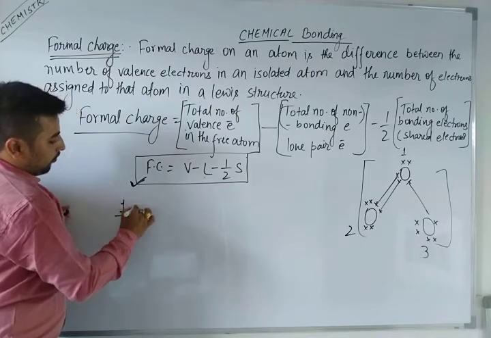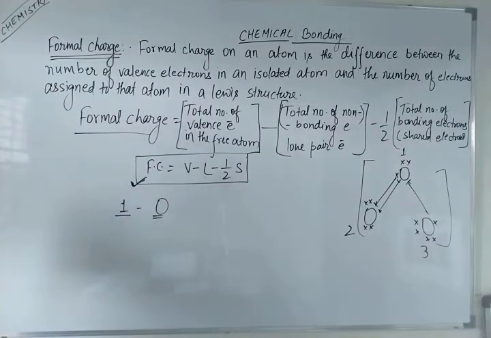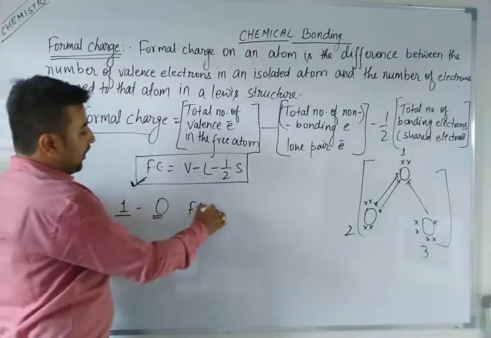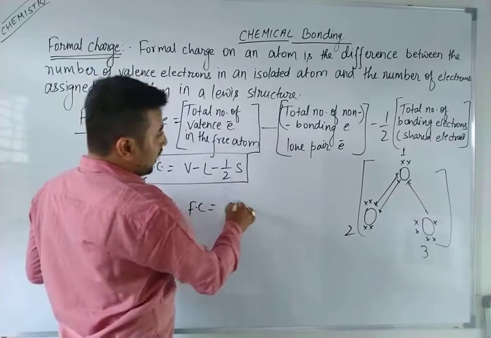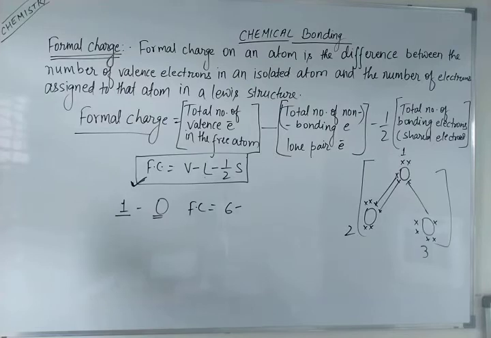Oxygen number 1, formal charge. Valence electrons of oxygen: 6. Lone pair: what will you write? Remember, lone pair means there are 2 electrons, so we have to write 2.